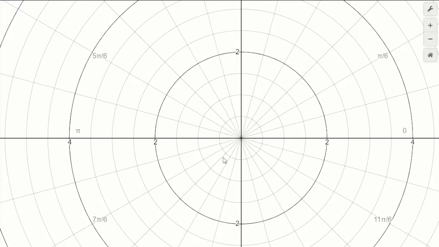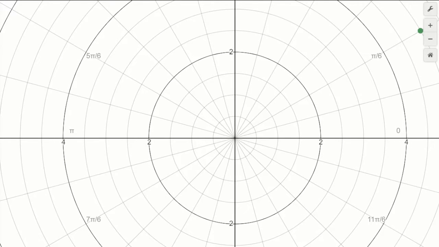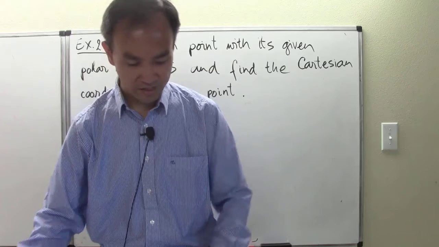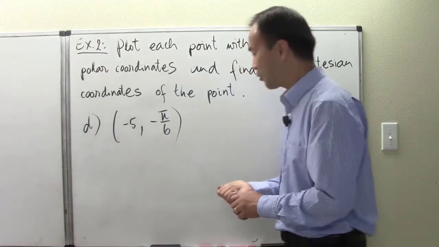I mistyped my decimal. It's negative pi over 6, not 5 pi over 6. Okay, so that's the point where we had it there. The point is just right there. It's already successfully plotted. After plotting that, we're going to get back to the board and do the calculation for the rectangular coordinates.